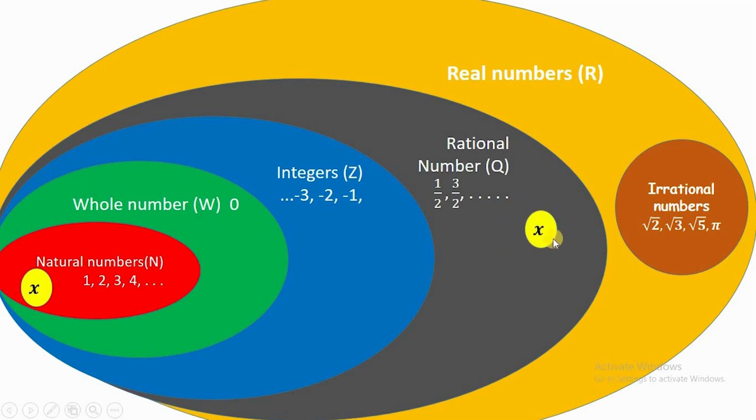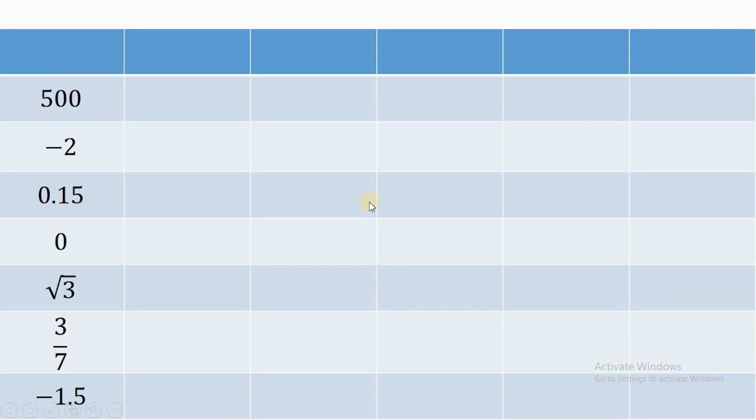Therefore, it is very important to note that the given number x is not necessarily an integer, whole, or natural, but it can be an integer, it can be a whole number, or it can be a natural number. By looking at the value of x, you can say that. I hope you have understood clearly till here, and in the next slide we'll take some examples.